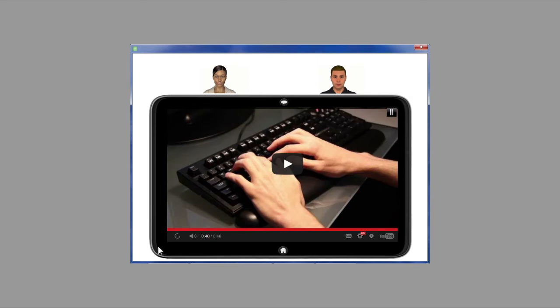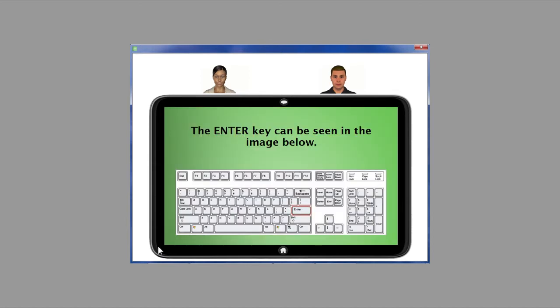Can you remind me what the two keys at the end of the video do? They seem important. Yes, the Enter key can be seen in the below image. Use this key when you want to submit your answer. Only when I type an answer, right?